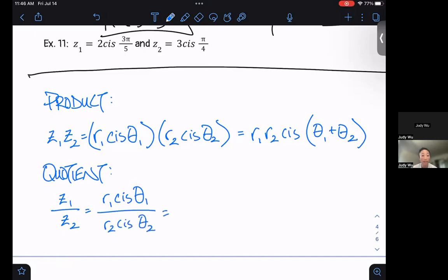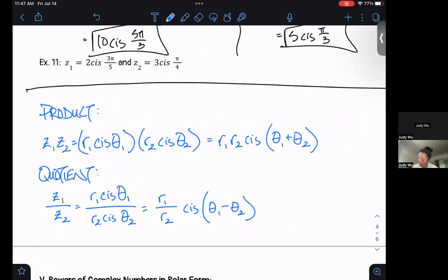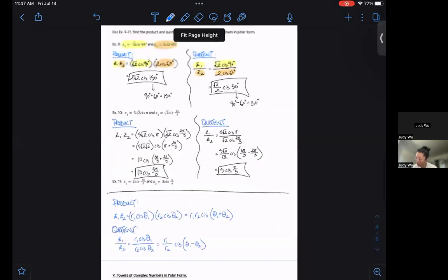And I would get the r's as r1 over r2 cis of not theta 1 divided by theta 2, but theta 1 minus theta 2, okay? So let's get this all on one page for us. We've got it nicely laid out what our product and our quotients look like, but at the very bottom, not only do we have an extra example, but we also have the formulas for us to use, okay?